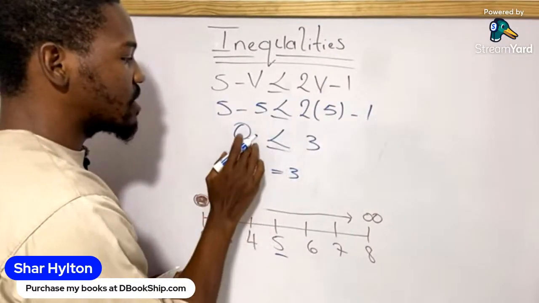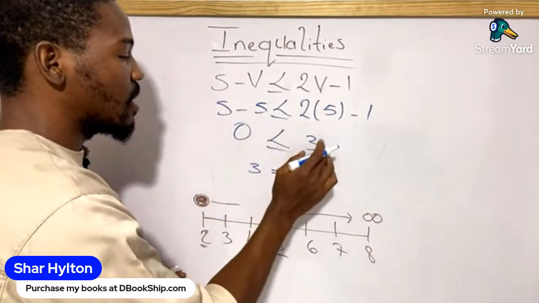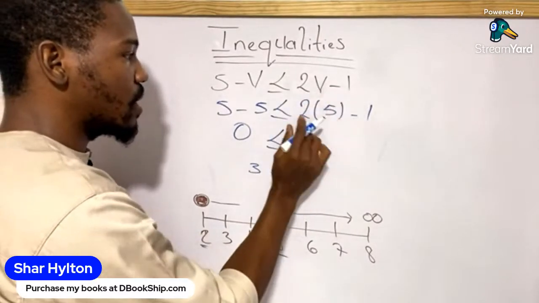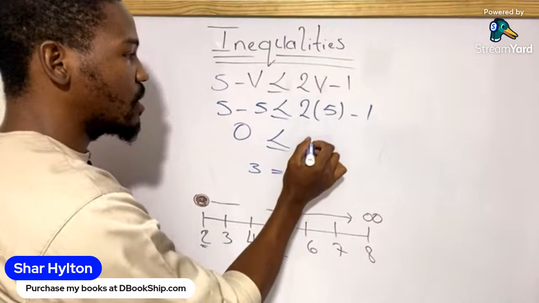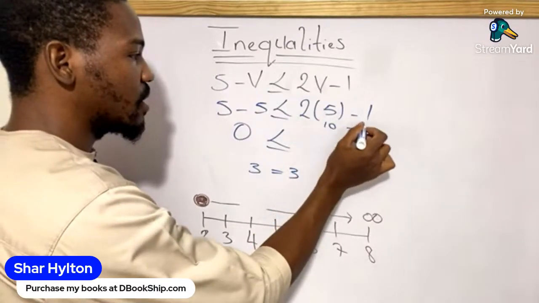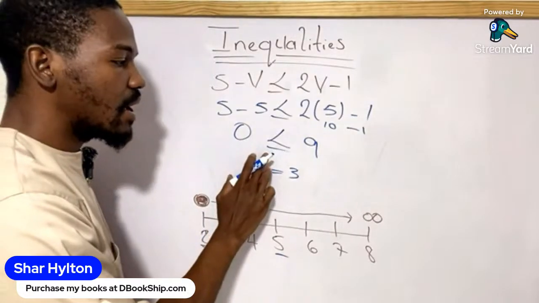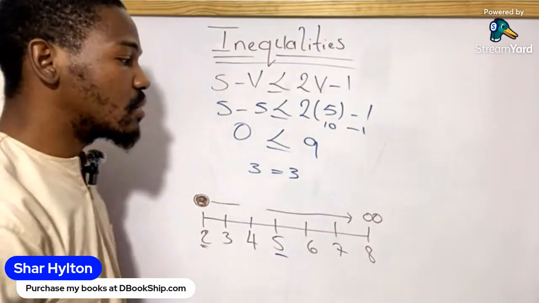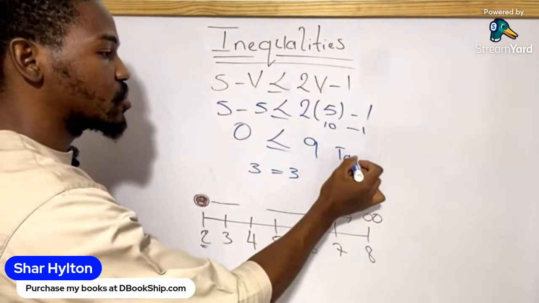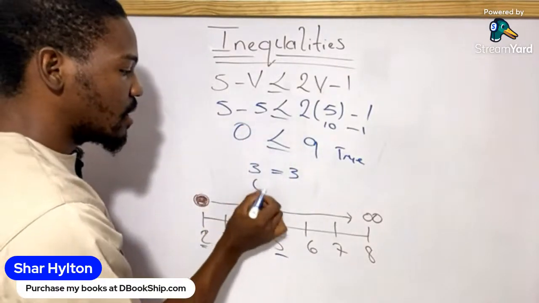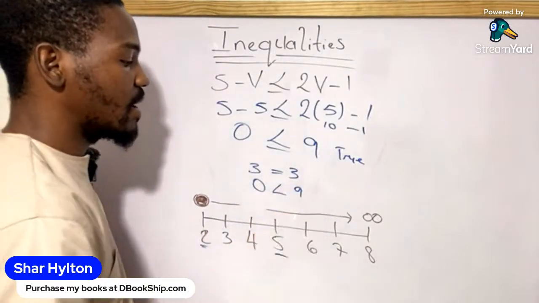Let us check if 0 is less than or equal to 2v minus 1, which is 10 minus 1. 10 minus 1 is going to give me 9. So we can see that 0 is less than or equal to 9. So this also results to true, because we can see that 0 is less than 9.